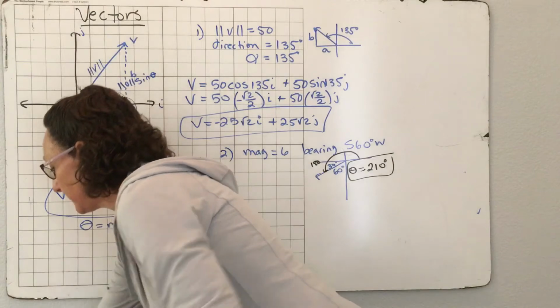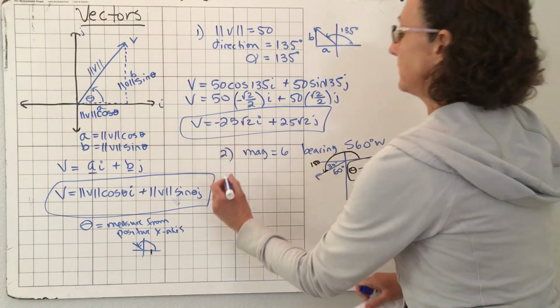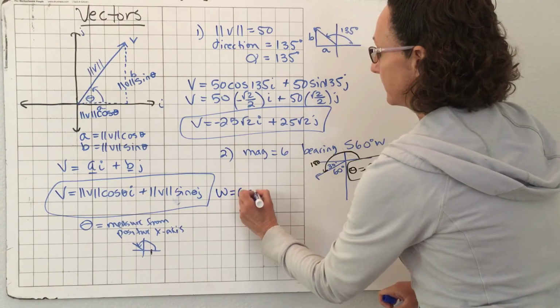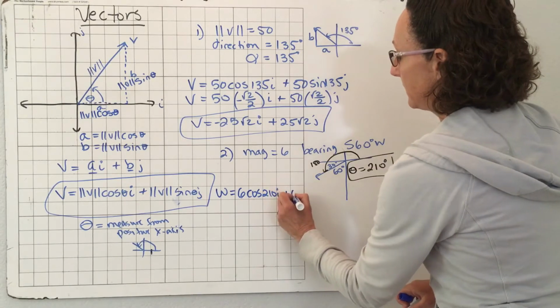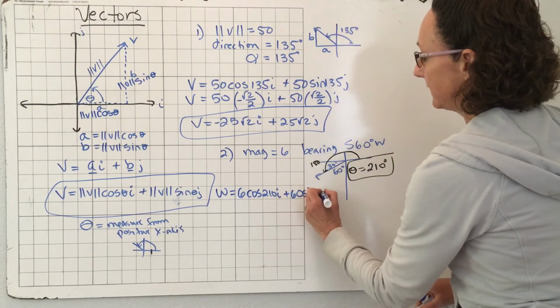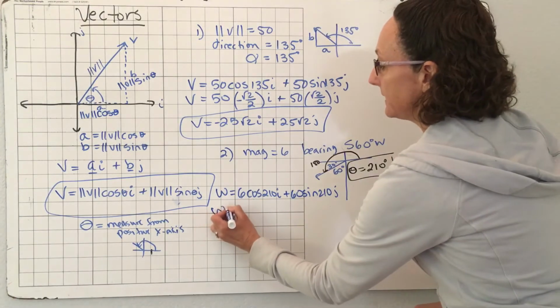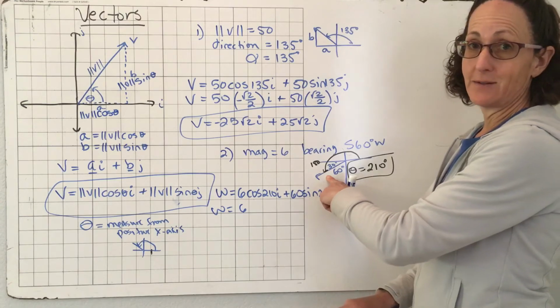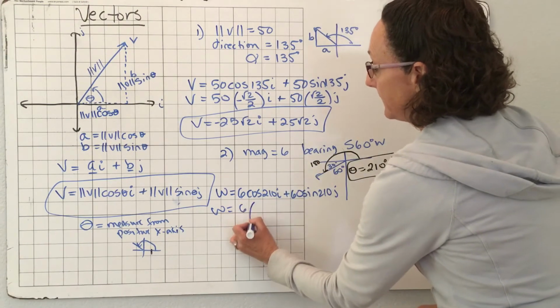All right, and then to get the answer, let's call this vector W. Vector W is the magnitude times the cosine of the direction is the I component. Magnitude times the sine of the direction is the J component, okay? This again is on the unit circle. 210 degrees is the same as 7 pi over 6. Both sine and cosine are negative there.